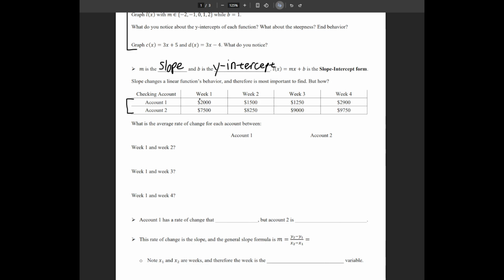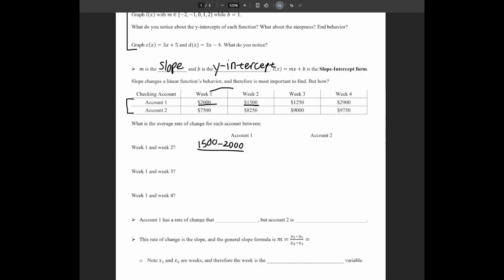If we look at week 1 and week 2 for account 1, we'll notice that we go from $2,000 to $1,500. So that's a decrease of $500. Our rate of change would be negative 500, but let's go over the formula for that. You take your ending amount of money and subtract your starting amount of money, so 1,500 minus 2,000, and then divide by however much time has passed.